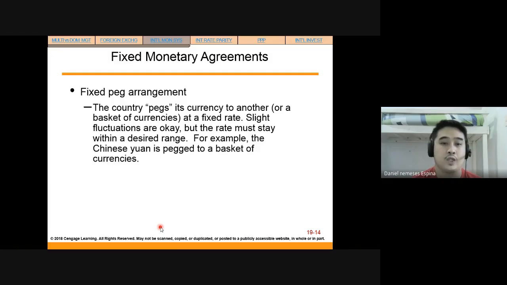It is pegged to a basket of currencies, so the equivalent of the Chinese yuan is dependent on the different basket of currencies. But of course, it has a fixed rate. The exchange rate does not fluctuate spontaneously, or does not fluctuate most of the time.